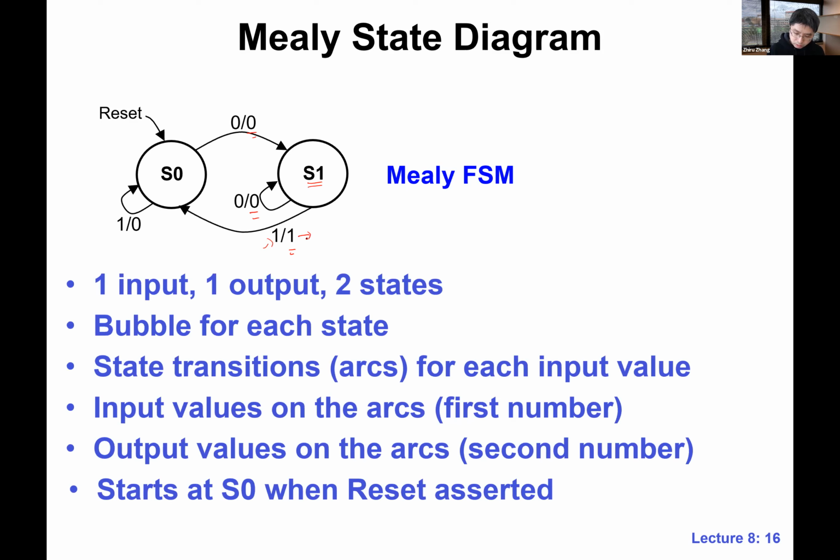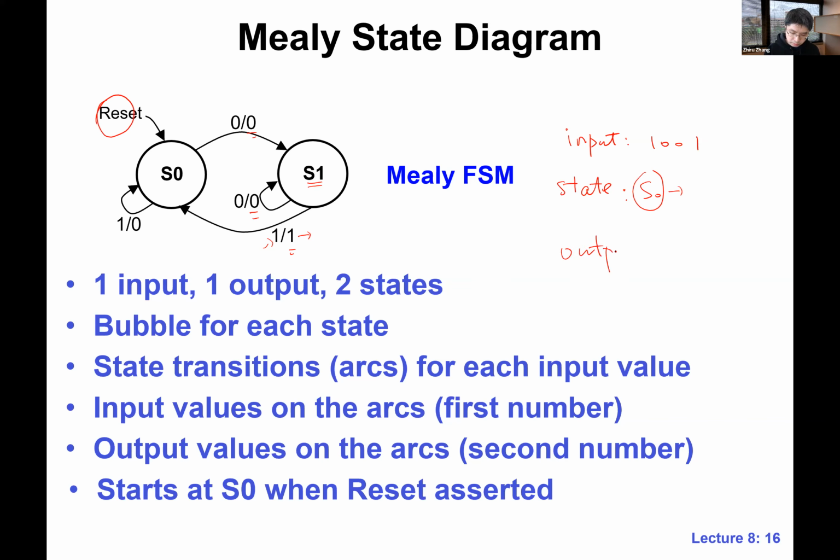Same sequence of inputs, we were using 1001. Let's say we reset the FSM and start with S0, my initial state. What's the state transition for 1001?